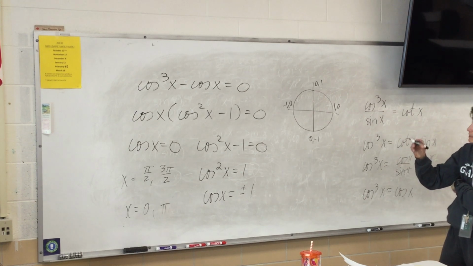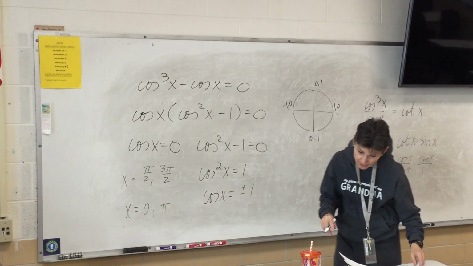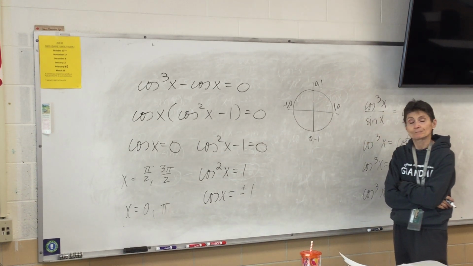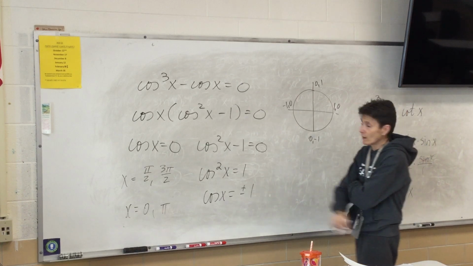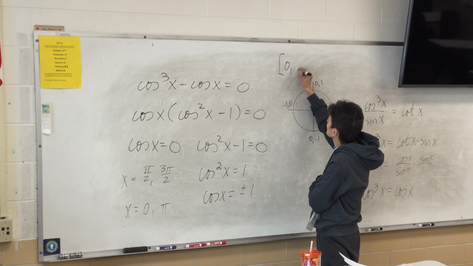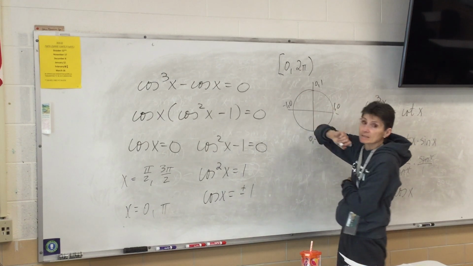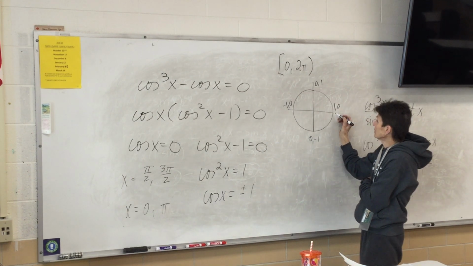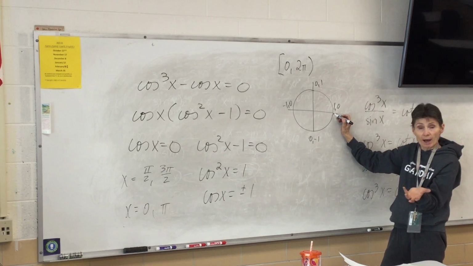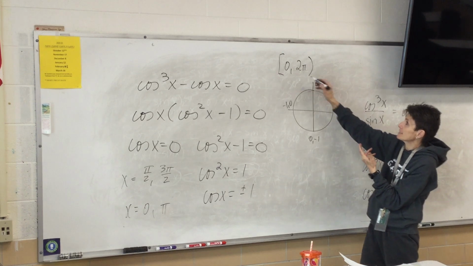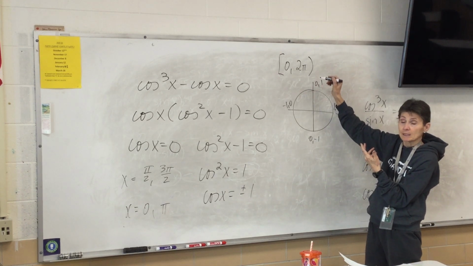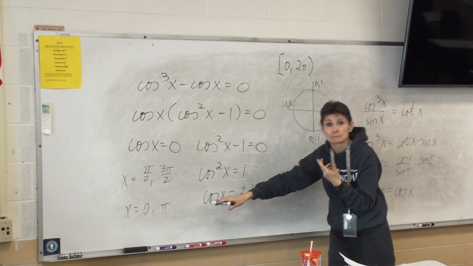And I was going all the way around, yep, all the way around the circle. Notice the way the directions are written. While 0 and 2 pi are basically the same angle, 2 pi is not included, that's an open interval, so we only write 0.